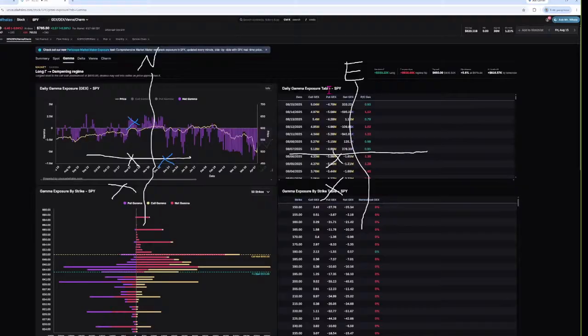And if you look at SPY, you'll see right here, we went from negative 5.6 to negative 4.7. So that means that liquidity was added, but gamma is still negative.